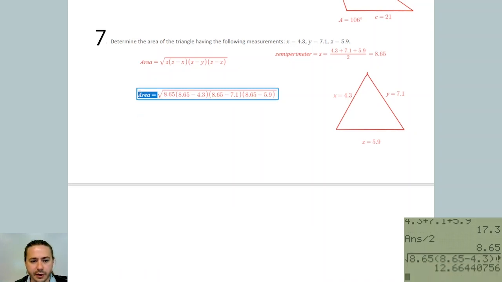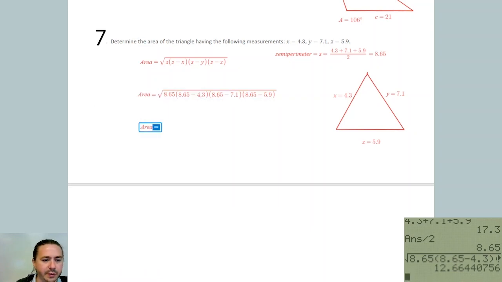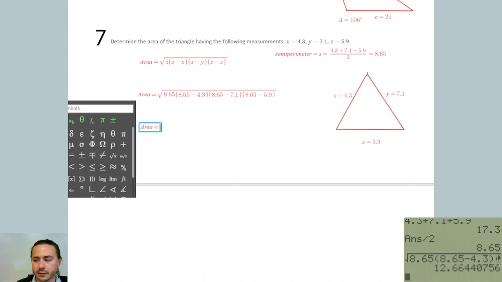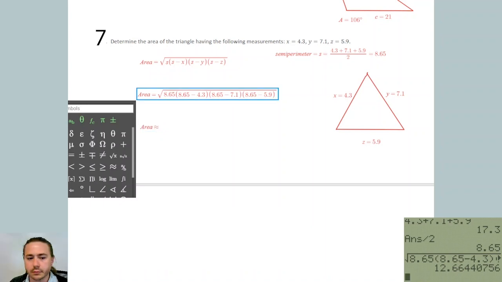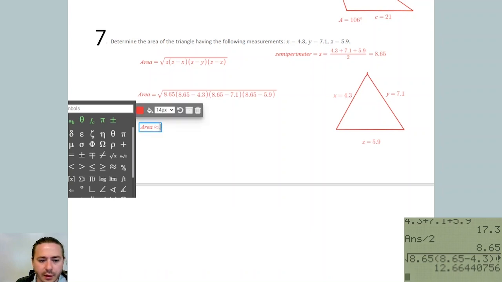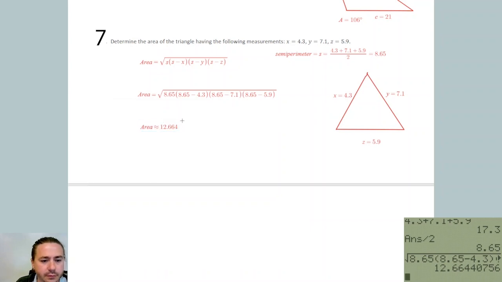All right, so my area is going to be approximately 12.664. There we go. All right.